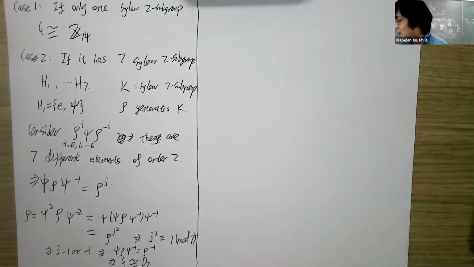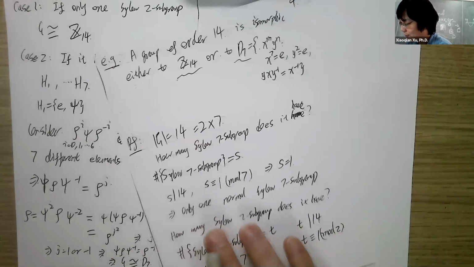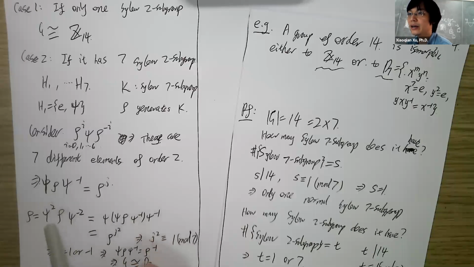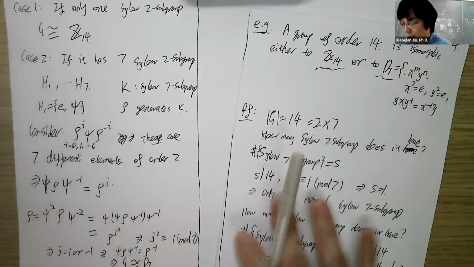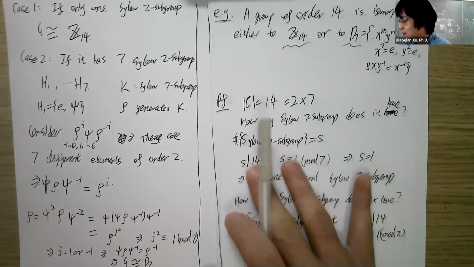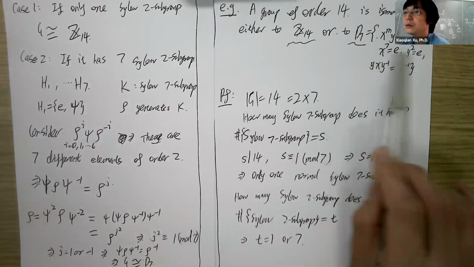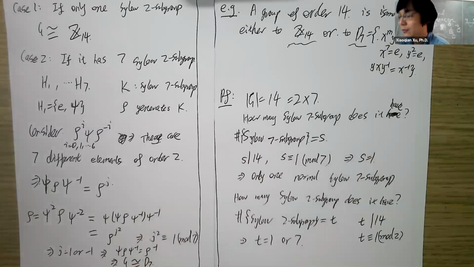Yes, somebody asked me how you can justify, okay, you have this kind of relation for your 2 generated elements. You have this relation, this relation, and this relation for your 2 generators of your group.